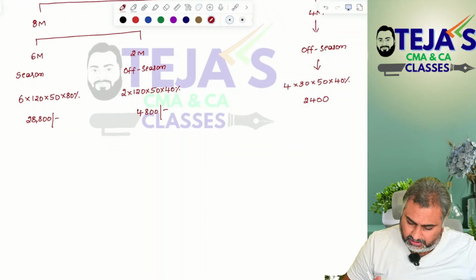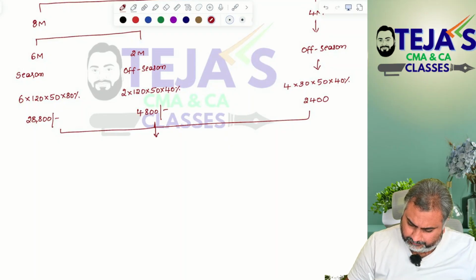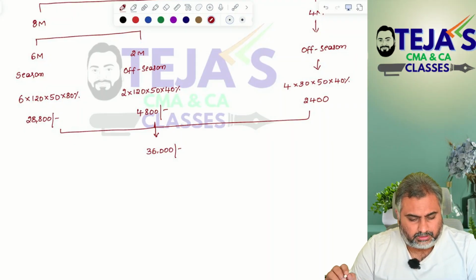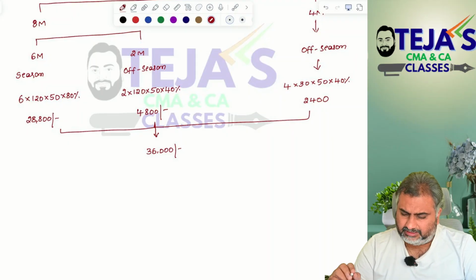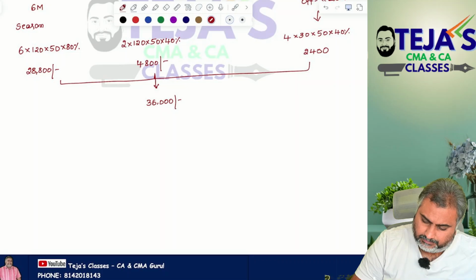Okay, totally combining we are getting 36,000 rupees. This is the lighting charges. Now before going further, find out total takings also.